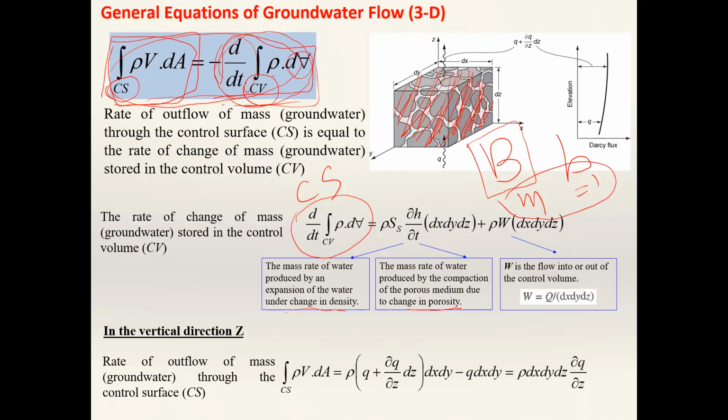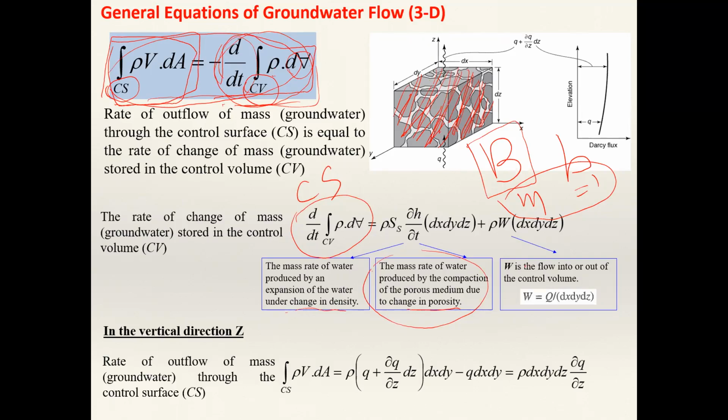Now, what happens if you are pumping this water out? That means the large pressure that is coming from the top now has to be borne by the soil layers. What happens then? The soil layers start compacting. So the porosity decreases. So what is the mass change inside the control volume because of this compaction?